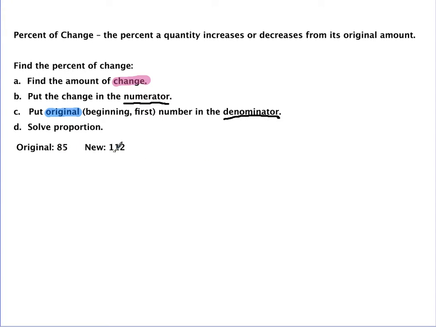The original is 85, and the new is 112. And we're looking for the percent of change. So we put the percent over 100, as usual, over the change, because we want to know what percent is the change of the original number.